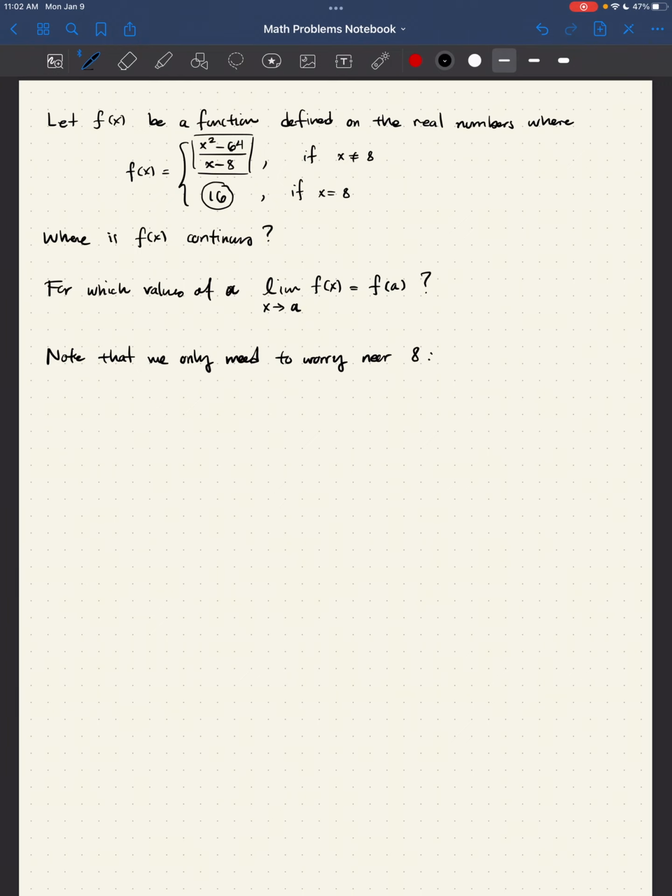So what is it we're going to do? We're going to calculate a limit, right? First, what is the limit as x tends to 8 of f of x? Of course, this limit has to be taken close to 8, not exactly at 8, right? So it's a limiting process, we're approximating 8. But as we are approximating 8, we may use this formulation. So we may replace this limit with the following one.